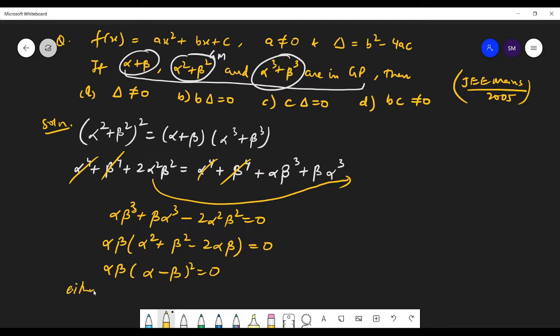So either alpha beta is equal to 0 or alpha minus beta equals 0.